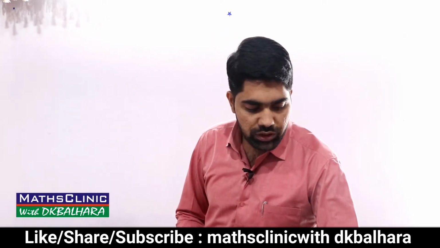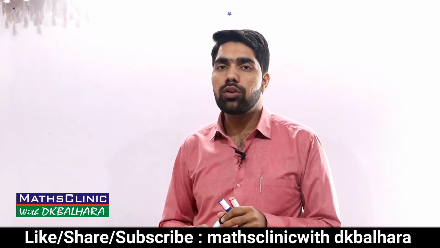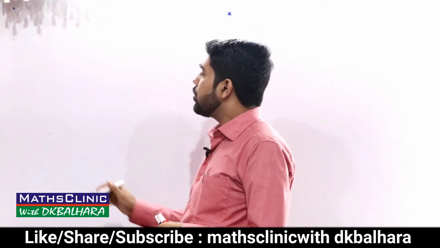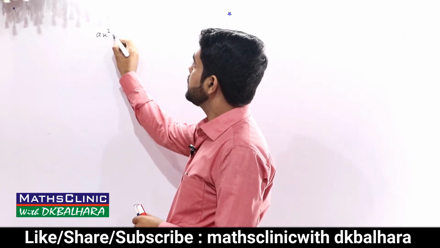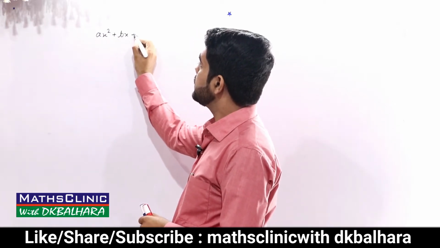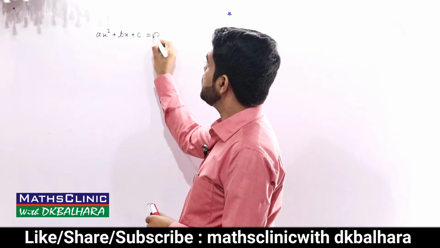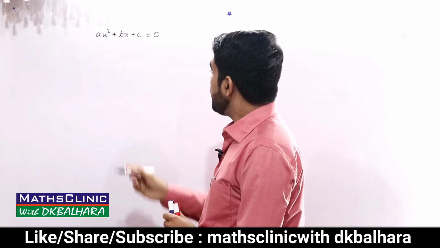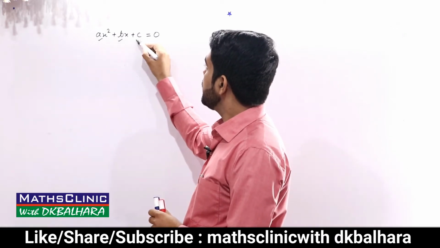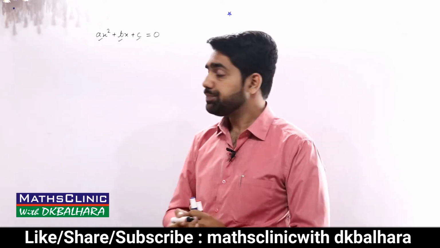पहले हम quadratic formula को generally discuss करेंगे and after discussing generally we will apply the formula on particular quadratic equation. As we know, the general form of quadratic equation is ax square plus bx plus c equal to 0. This is the general form of quadratic equation, and a, b, c, these are the real numbers.